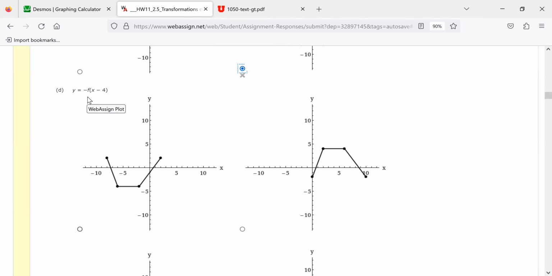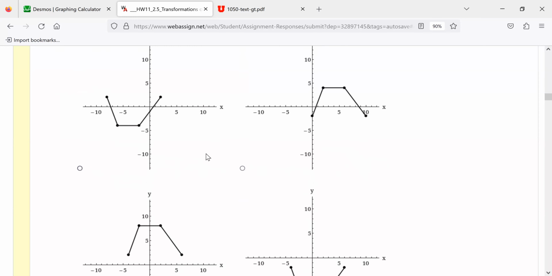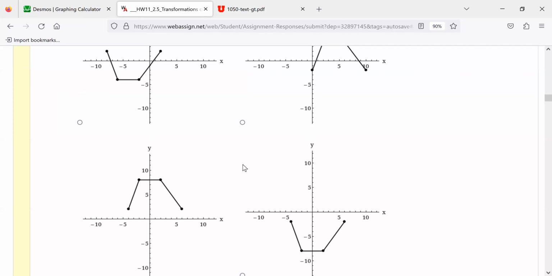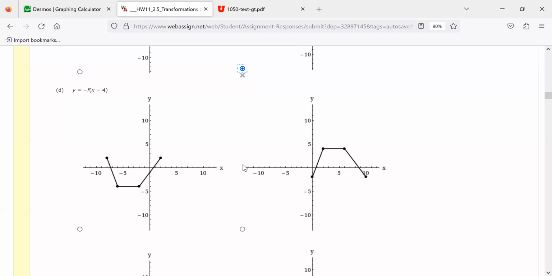Yeah, it's going to flip over the x-axis. So if it's not facing downward, it's wrong. So it has to be B or C. Yeah, minus 4. Someone said shifts to the right, so that's correct. So there's not much work to do. It's just more of a conceptual thing. Do you know what each type of transformation is?